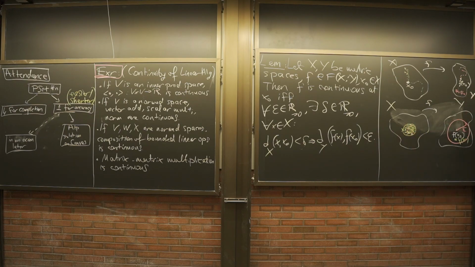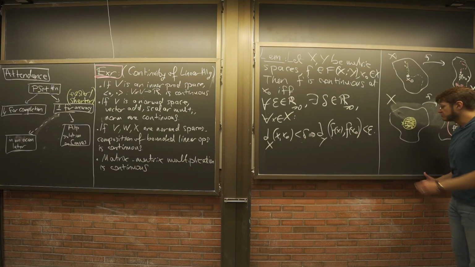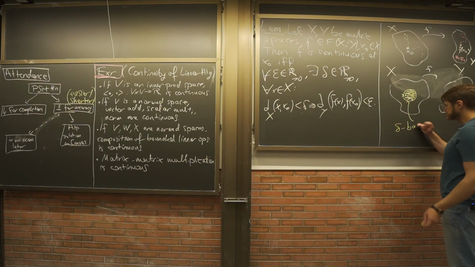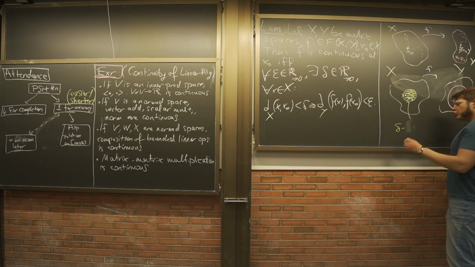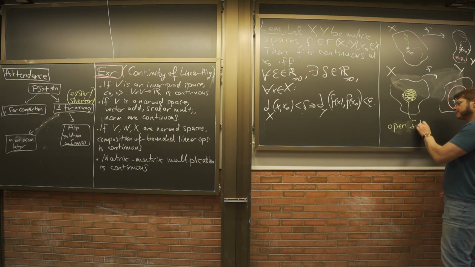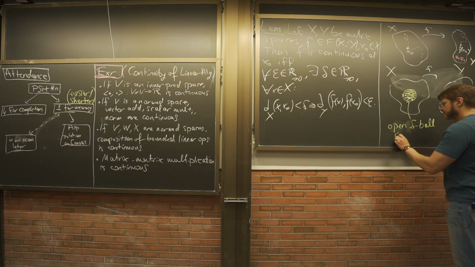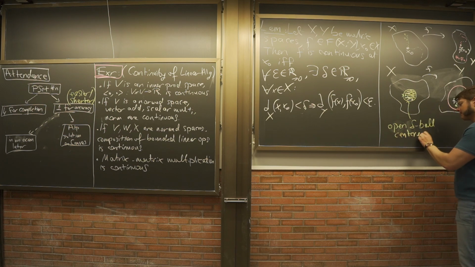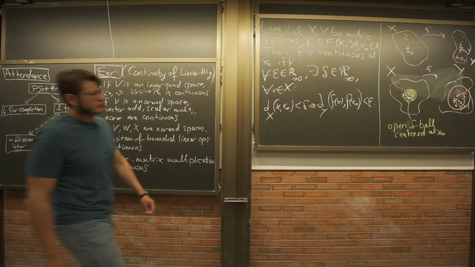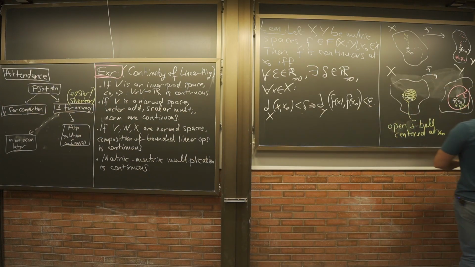This is the delta ball centered at x0. Maybe I should say open delta ball at x0. And of course, this red disk is the open epsilon ball centered at f of x0.